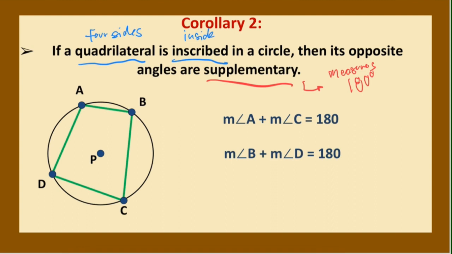Now, there's a lot of questions that are going to be dealt with in this one. Like, sir, it says opposite, right? But will there be cases wherein consecutive angles will be supplementary? Of course, yes, but not all the time. So, what example am I talking about here? If I draw a square inside a circle, opposite angles are still supplementary, but also consecutives.